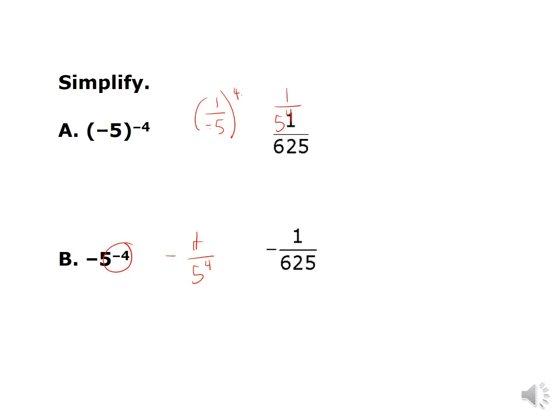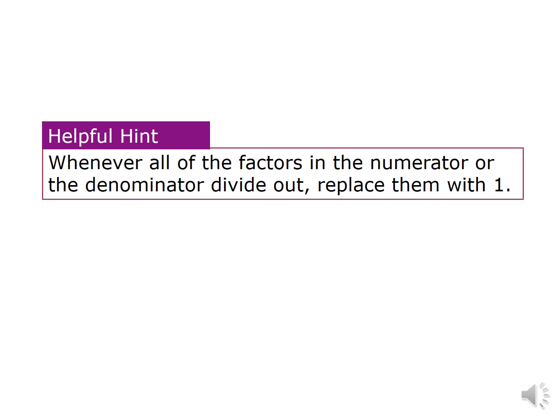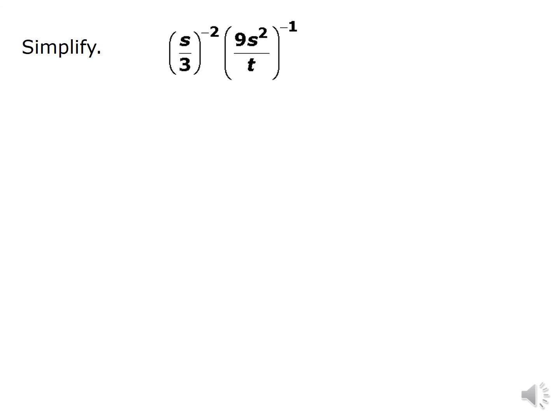Okay, when all of the factors in the numerator or denominator divide out, replace them with a 1. So, for example, for this one, 3 over s squared times t over 9s squared. So everything gets flipped.